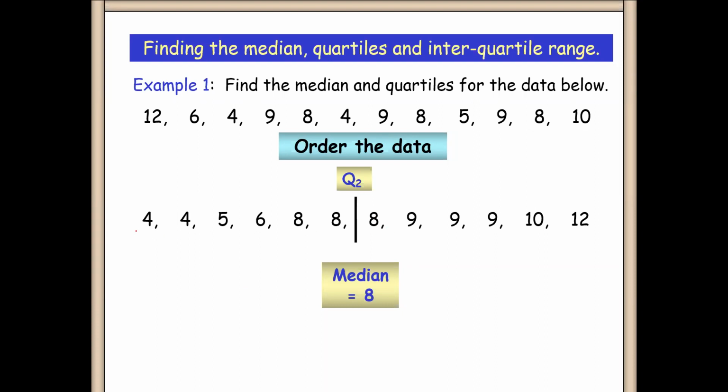Now, what happens in a case where the numbers are even? It splits the data into two parts. So if we're looking at the data now, we have the bottom half and a top half. Now, to find quartile 1, Q1, it has to be the median of the bottom half.